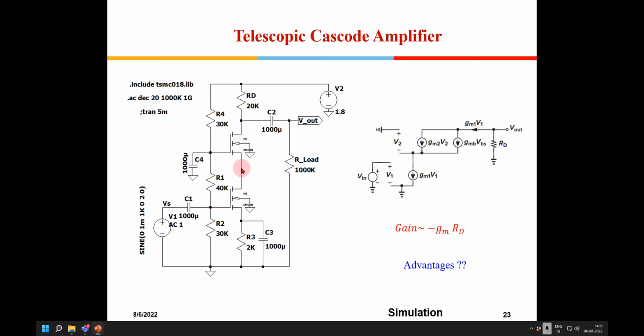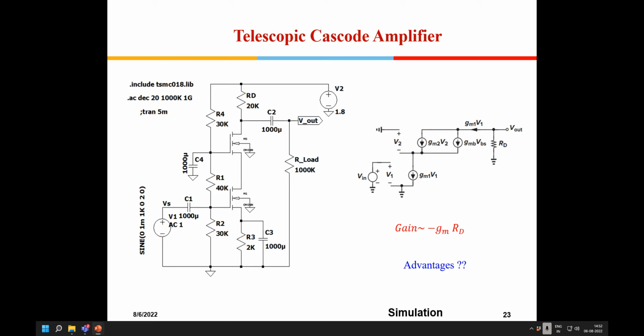Okay, Sharath, to this transistor. This transistor is a common gate amplifier, right? Here I am putting AC ground. Here I am applying the small signal. Is it okay?